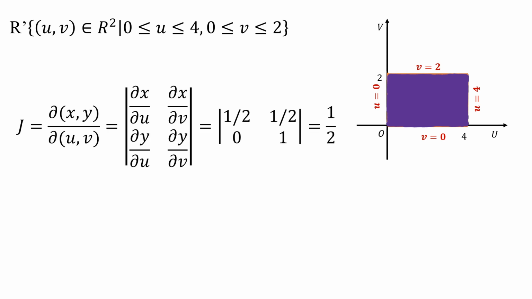So the Jacobian will be, x and y you are transforming in terms of u and v. So the Jacobian will be del x upon del u, del x upon del v, del y upon del u, del y upon del v. By performing this, we get del x upon del u is 1 by 2. Finally, the Jacobian is 1 by 2. That you can check from your solution.